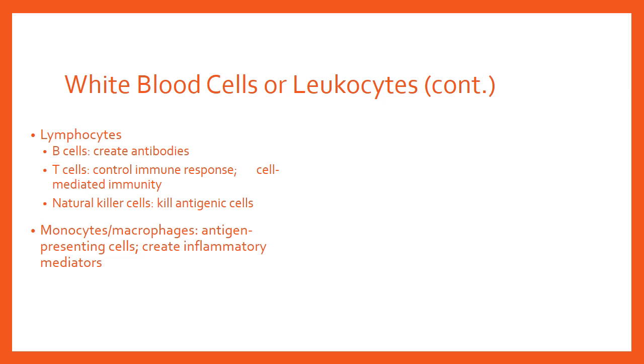So let's say helper T cells will have CD4 markers, cluster of differentiation markers, and the effector T cell will have CD8 markers. These are really simple examples that are always brought up, but CD markers are widely used to identify the cells.